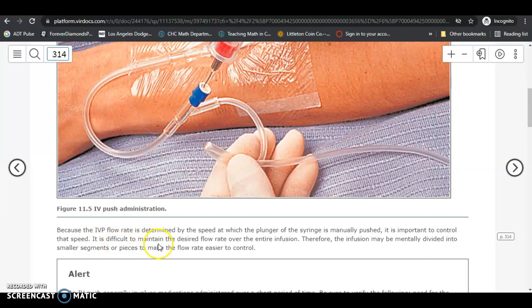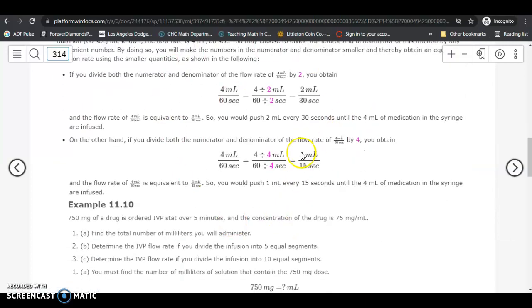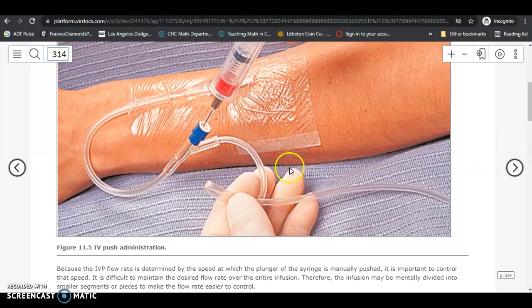It is difficult to maintain the desired flow rate over the entire infusion, so the infusion may be mentally divided into smaller segments or pieces to make the flow rate easier to control. We'll talk more about that here and as we do the examples.